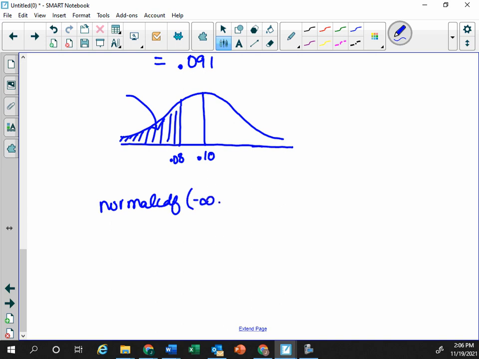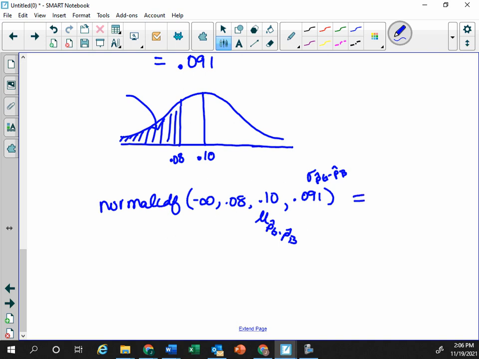All right, so negative infinity, 0.08, 0.10, and we want to make sure we say that's mu of p hats of g minus p hats of b. And then what's the last number that we use in here? Sigma, yeah, so that was what we calculated to be the 0.091. So that was sigma p hats of g minus p hats of b. Hopefully you can read yours better than mine.